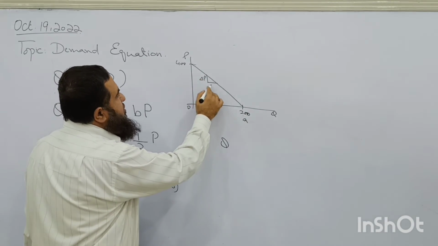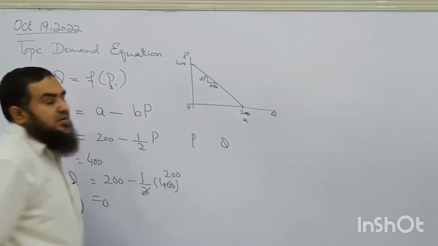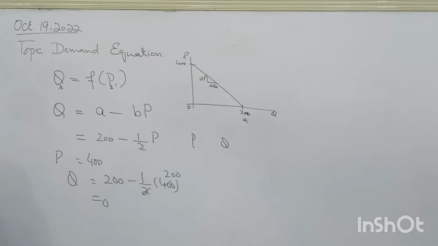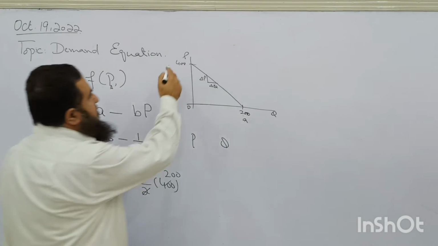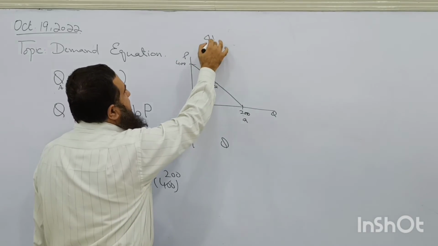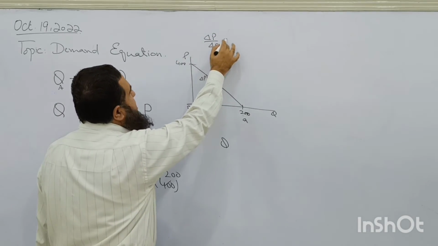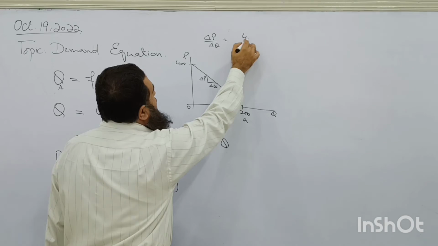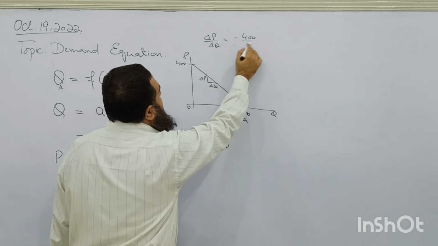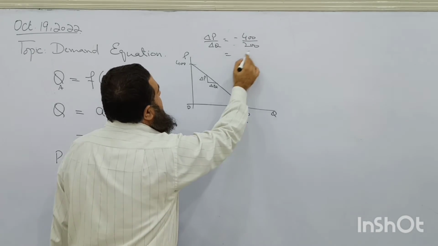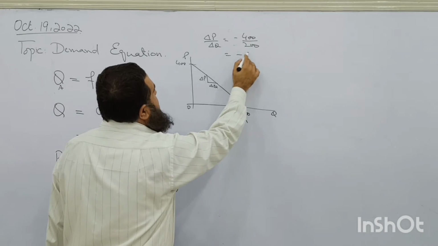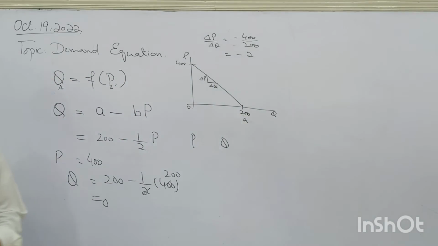Change in price over change in quantity. It is negative slope, 400 over 200. So its answer is minus 2.